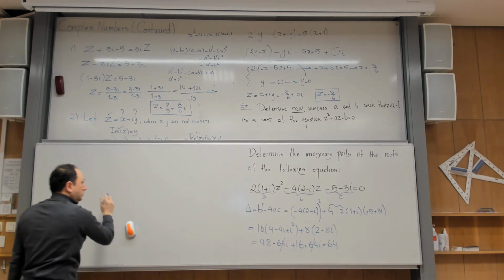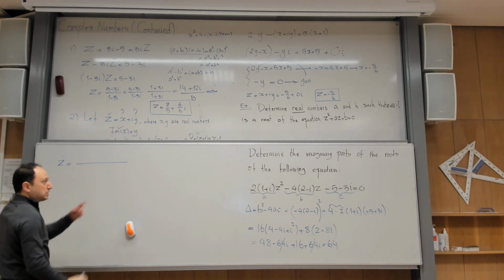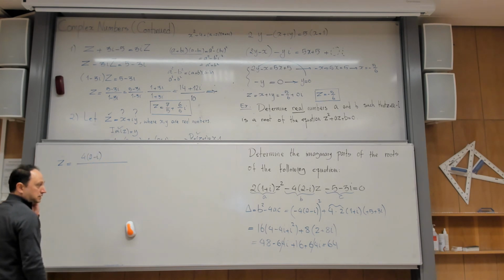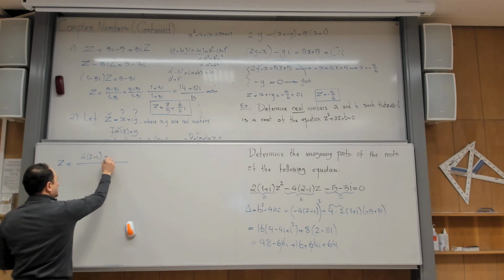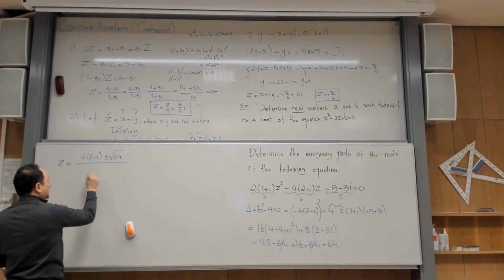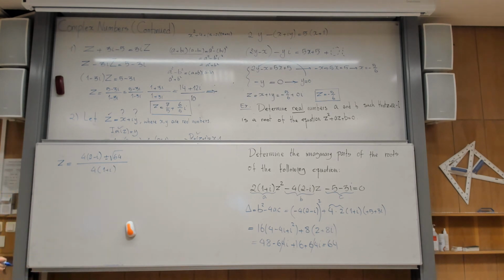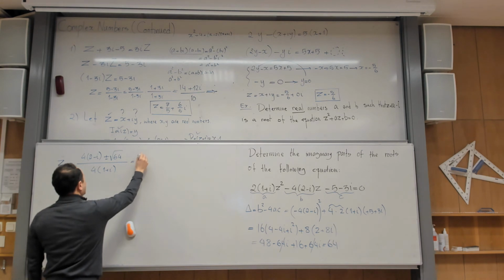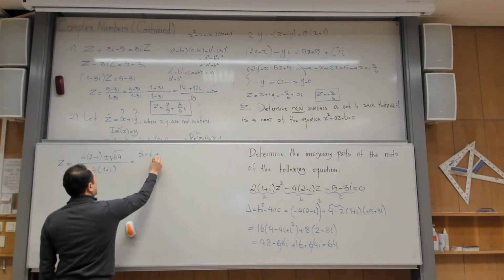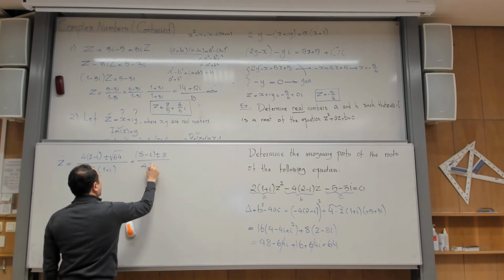So z is equal to, now everything is written, minus b. Minus b becomes positive 4 minus i, yes? Plus or minus square root of delta, which is 64, divided by 2 times a, which is 4 times 1 plus i. And then you can simplify this because this becomes 8, minus 8, plus or minus, again, 8 divided by 4, 1 plus i.